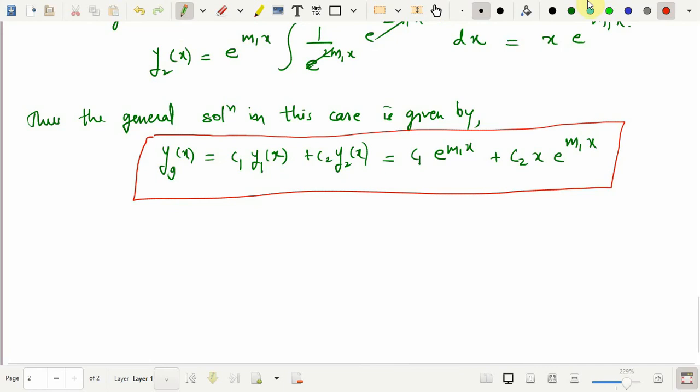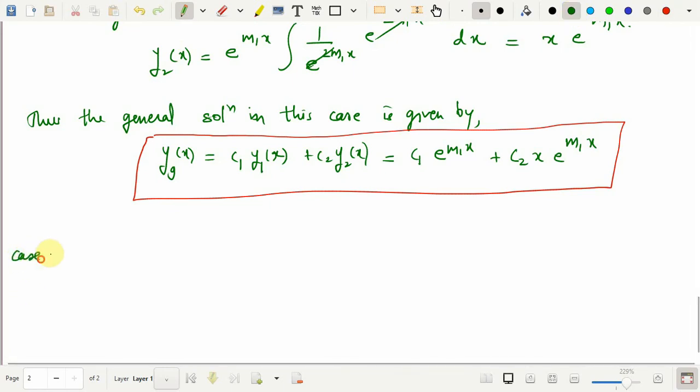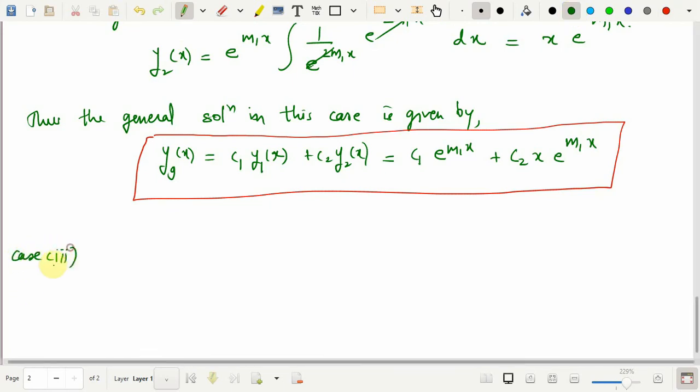Case 3 is when you have two roots which are complex conjugates of each other. So in that case the root will be of this form. I'll write down case 3, if the roots are complex.